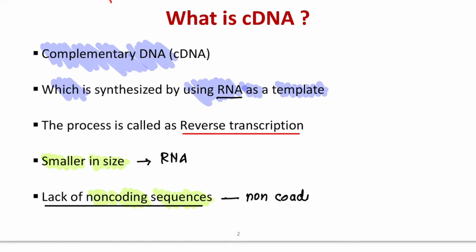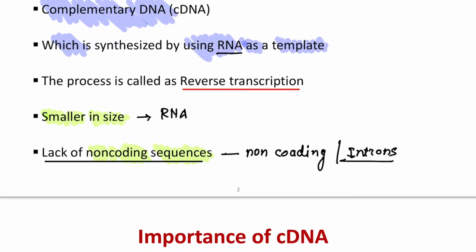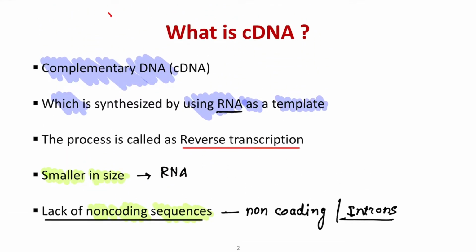Non-coding sequences, I mean introns, are absent, as we are isolating the total RNA from the cell, so the RNA molecules are already processed in the cell and they don't have any non-coding sequences. That's why the cDNA also doesn't have any non-coding sequences, and that's the difference between the genomic DNA and cDNA.